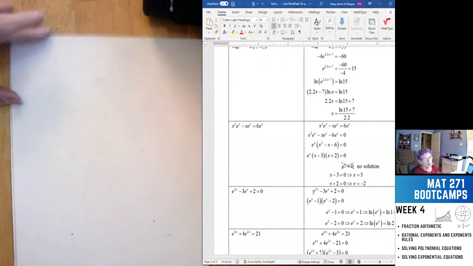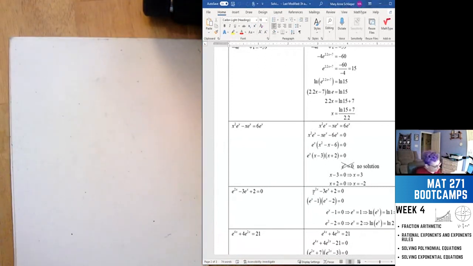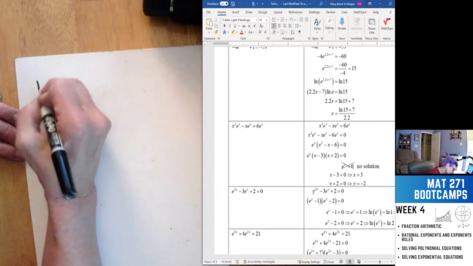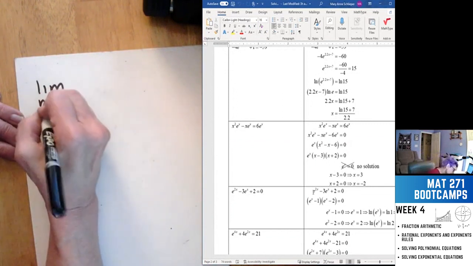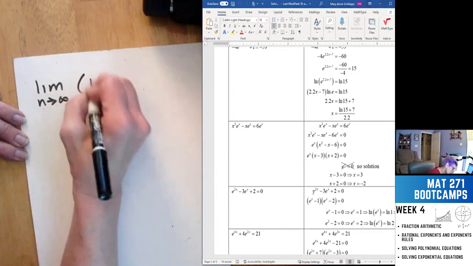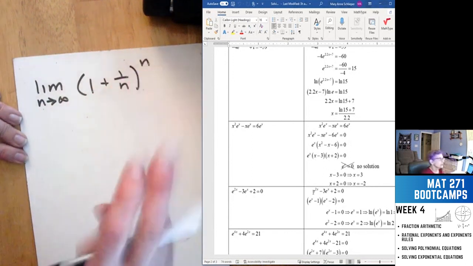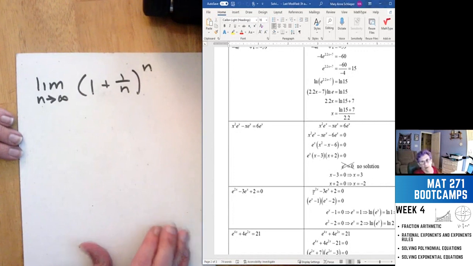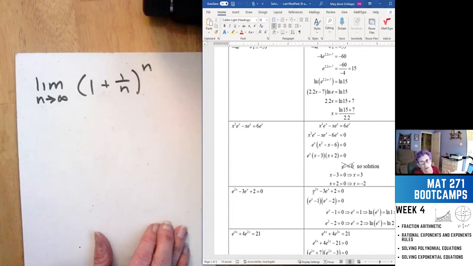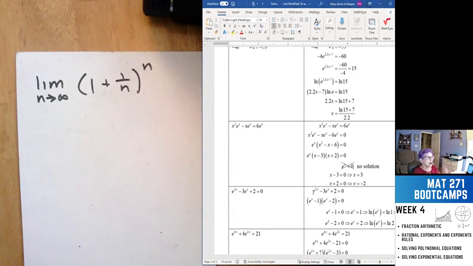And where e comes from is the limit as n approaches infinity of 1 plus 1 over n to the n power. The way I've always explained it is when people were doing compound interest, they wanted to keep compounding the interest more and more. Well, I'm going to do it every day. I'm going to do it every hour.